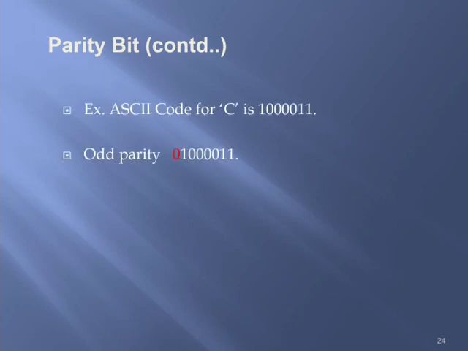Example, ASCII code for C is 1000011. Odd parity is when 0 is added and the total number of ones happens to be odd. And even parity is when 1 is added, and the total number of ones happens to be even.